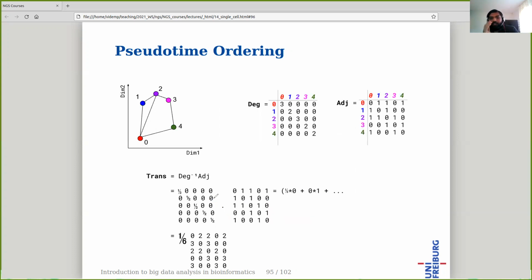So we first start with this step where we create a transition matrix. For the transition matrix, we take the inverse of this degree matrix and then multiply with the adjacency matrix here. So this is a simple matrix multiplication, and then what you end up with is this matrix here, 1/6 times this matrix.